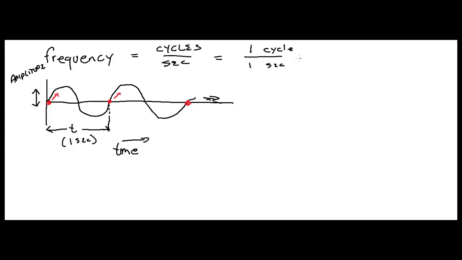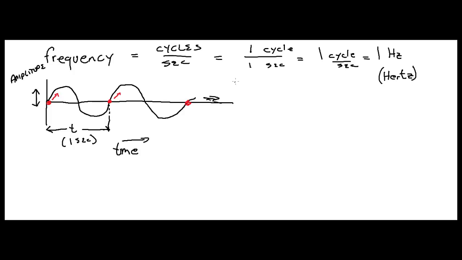That's equal to one cycle per second, right? Which is equal to 1 hertz. By the way, that's generally the shorthand for it. I think that's pretty much how you spell it. Hertz is right here. That's the shorthand for it, okay?